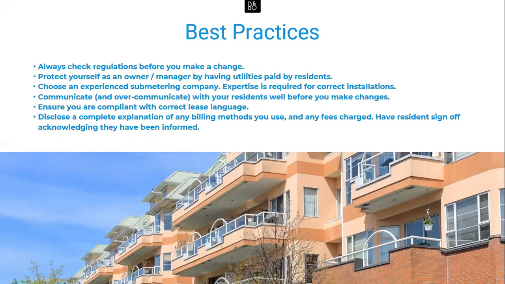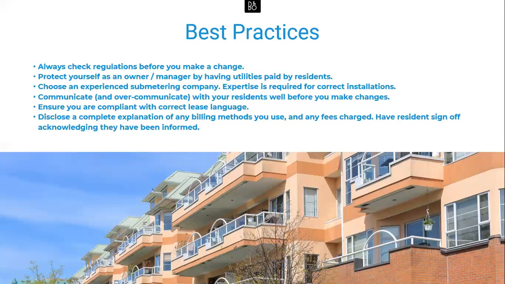Kate mentioned earlier with the owners that are either flat rating or including all utilities in their rent, there is a significant increase in their exposure right now due to everyone being at home for pretty much the majority of each day. And we know things are going to loosen up a little bit over time. But these last couple of months have been very, very critical.